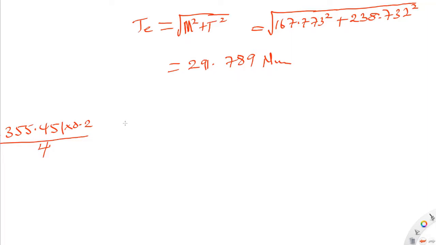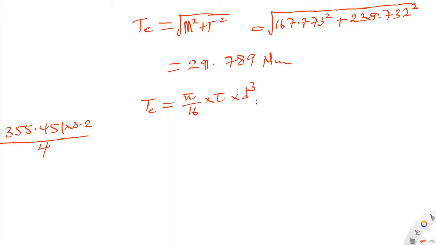Then we know that the equivalent twisting moment TE is equal to pi on 16 times tau, the allowable shear stress in the material, times the cube of the diameter. What we're interested in this case is the diameter.